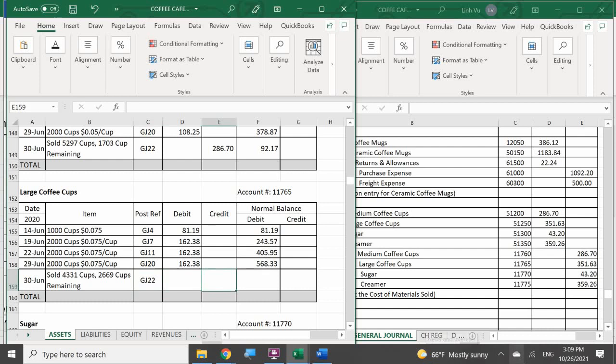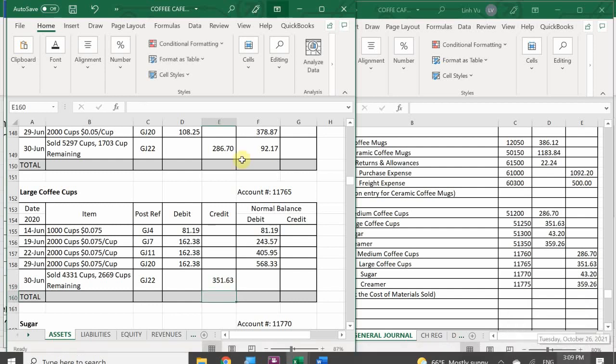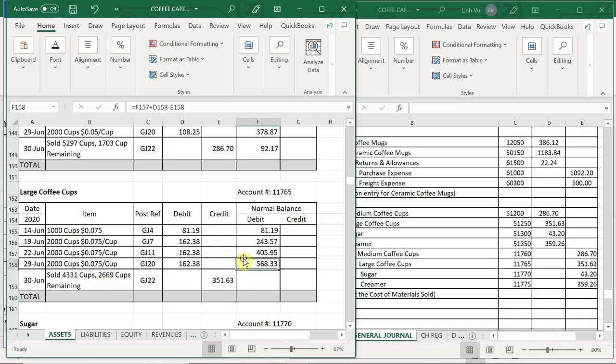And you sold for $351.63, and it is 216.70. Good.